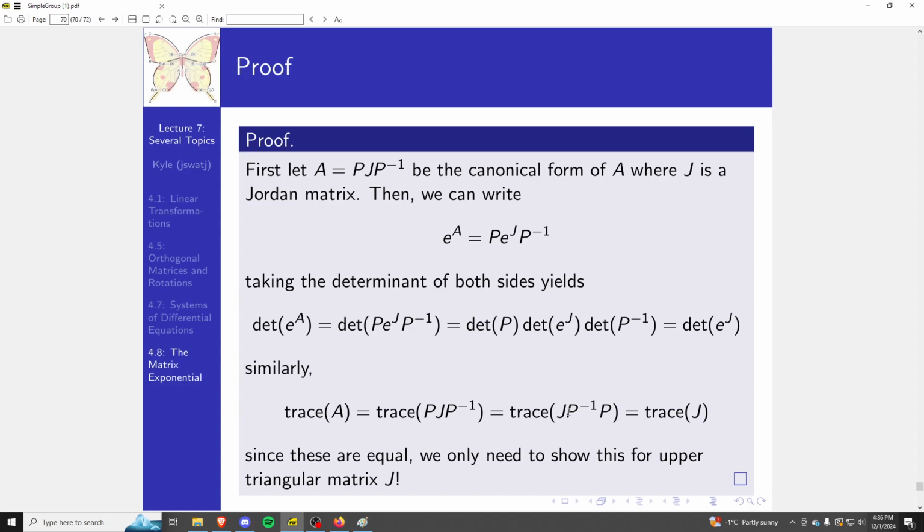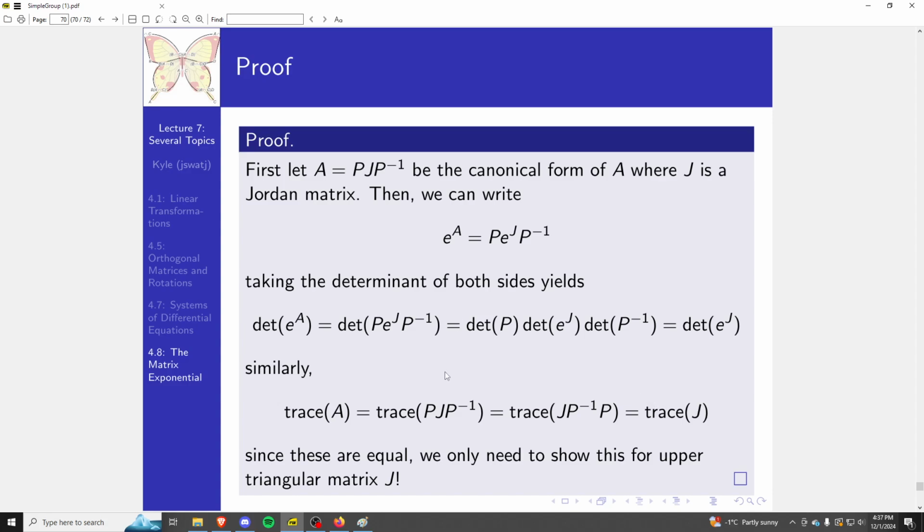And we can reorder this, but you can only reorder this in a certain way, I believe. But we can reorder it so that the trace of A is the same as the trace of the Jordan form.